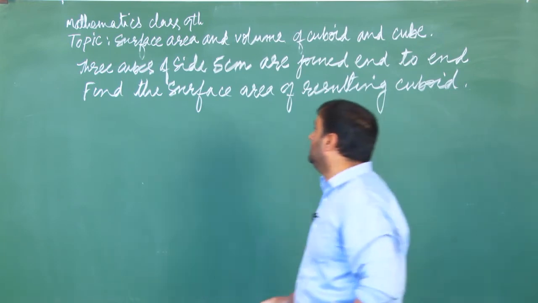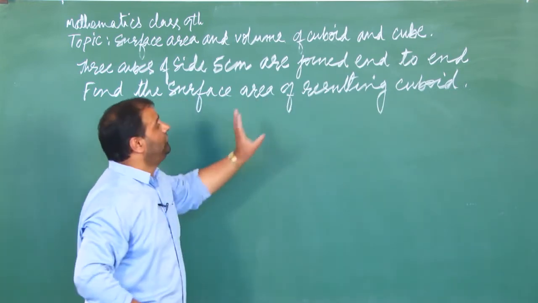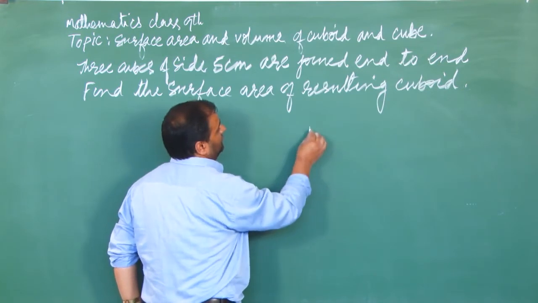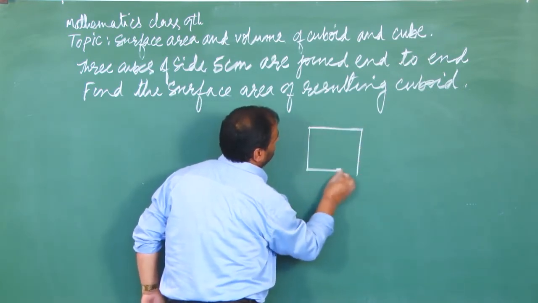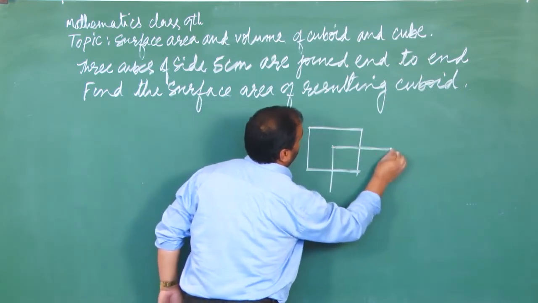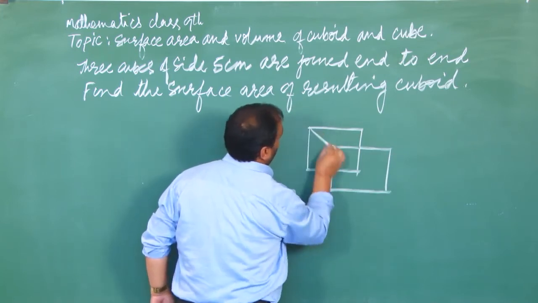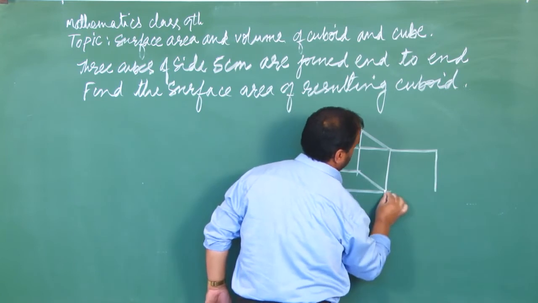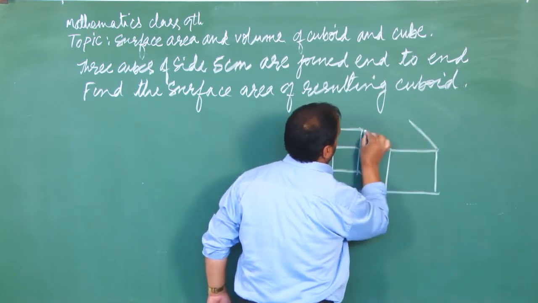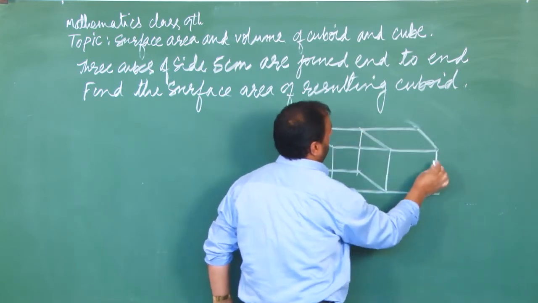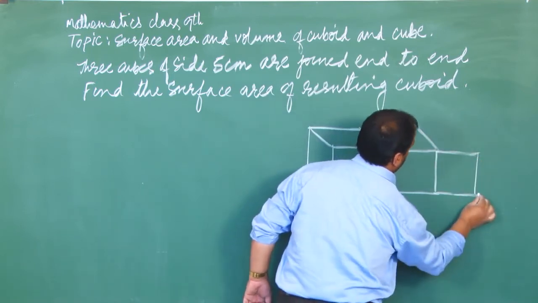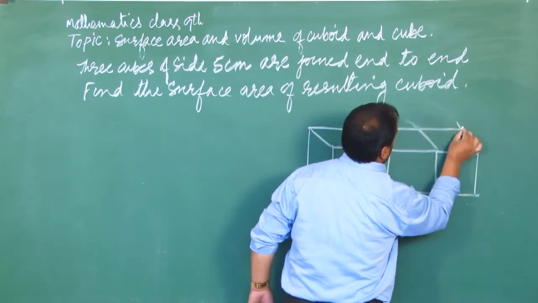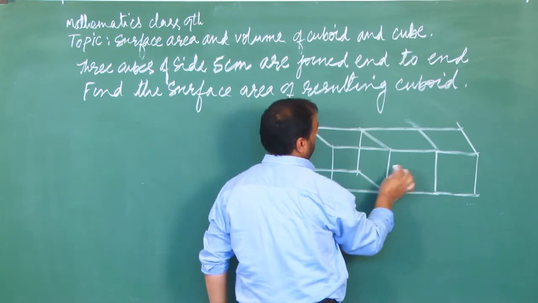If we take these 3 cubes and join them side by side, let's draw these 3 cubes. 1, 2, and 3. Okay?